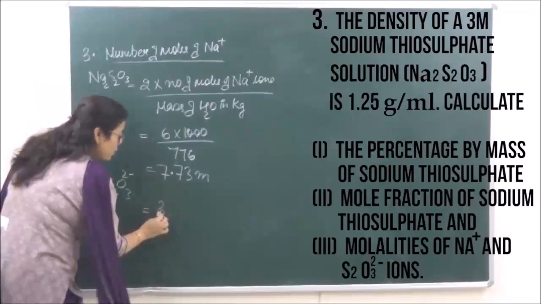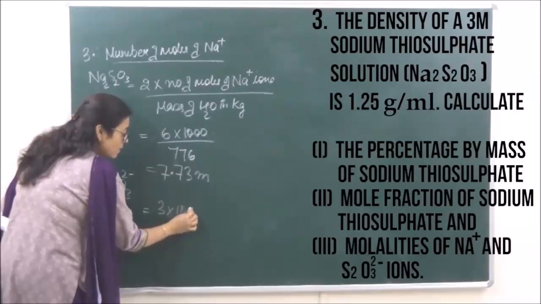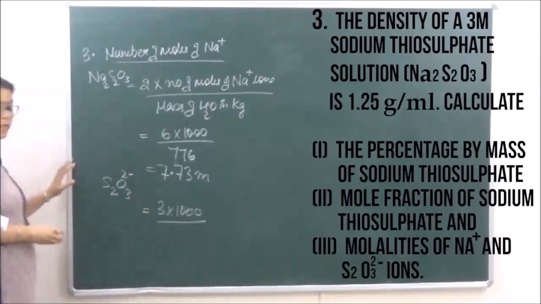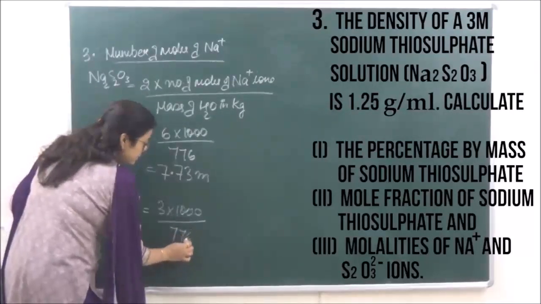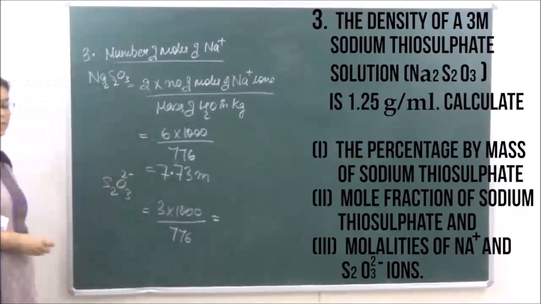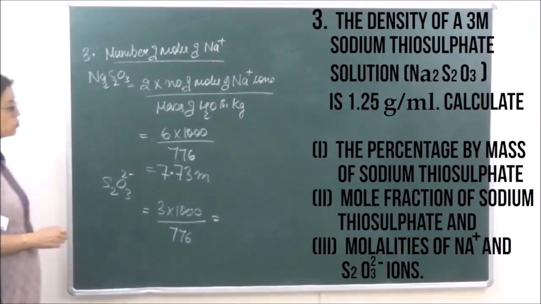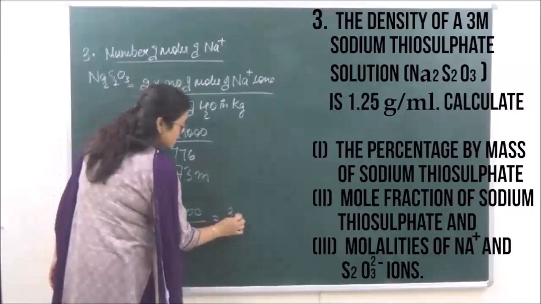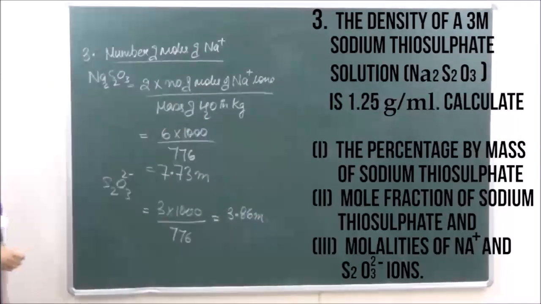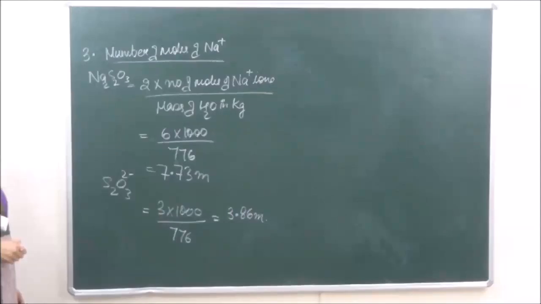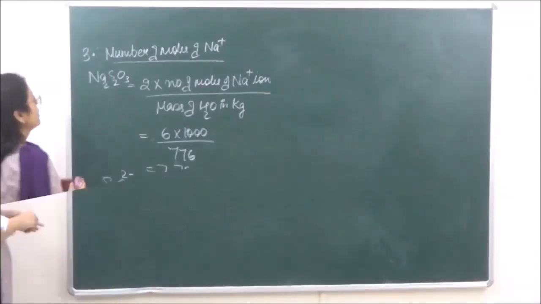So over here we will not multiply. 3 into 1000 divided by 776, right? So when calculated, it comes to 3.86 molar. 3.86 molar. Okay? Then let's go on to question number 4.